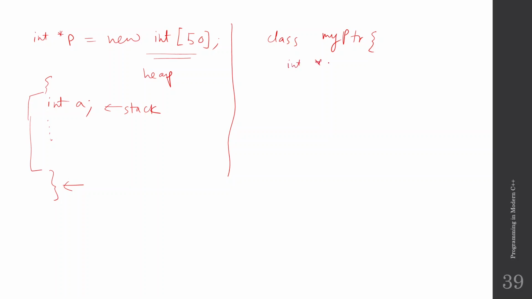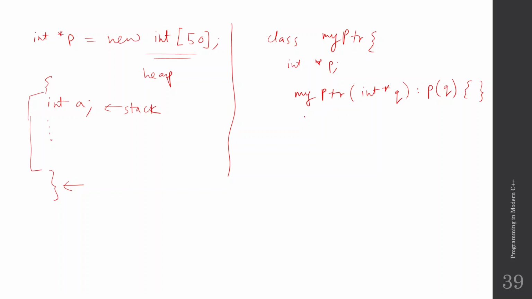We can have an int star p, and then in the constructor we can take my ptr, int star q, and we assign q to p. Okay, so now this is fine.